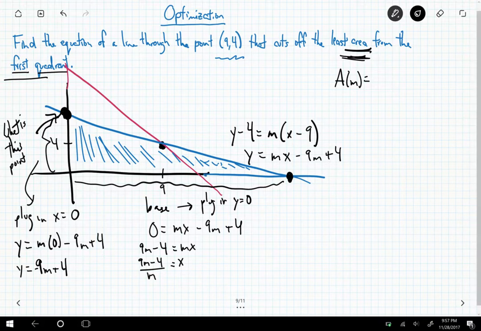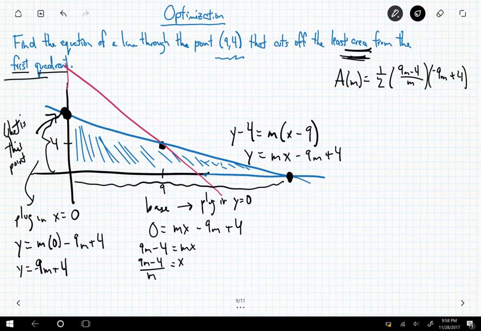So area in terms of m, the slope, will be 1/2 our base, which is 9m minus 4, all divided by m, times negative 9m plus 4.